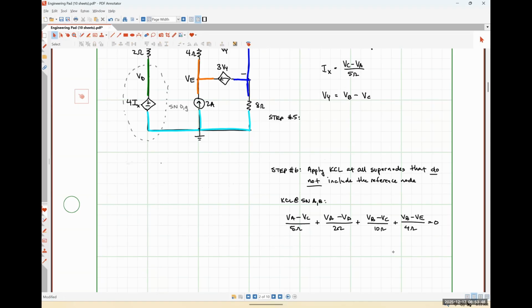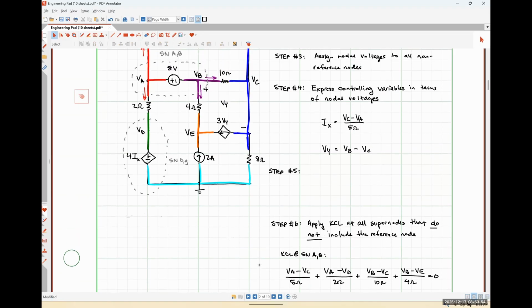Okay. So we've got a little bit of a problem still because supernode AB is 2 nodes and we only got one equation out of it, which means we need to figure out how to get another equation. Okay. So what we're going to do is write a voltage relationship equation, and we're going to write a voltage relationship equation for every voltage source in our circuit.